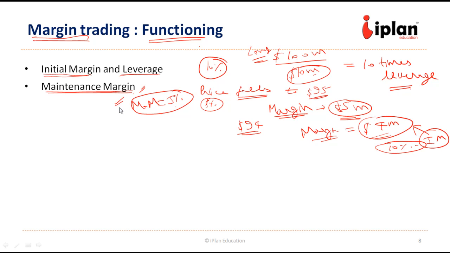In case there is a margin call, when the margin falls below maintenance, it has to be put back to the initial margin level. So in this case, the trader has to provide $6 million more so that he can regain the initial margin level. So this is how trading functions at the margin level.